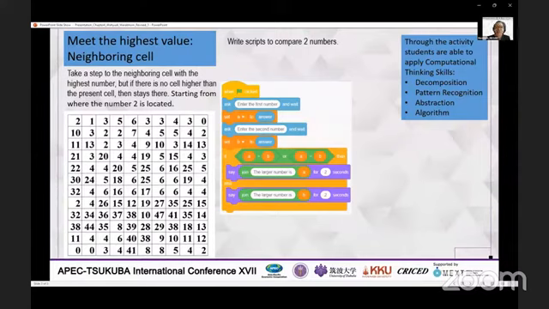In the previous activity, we talked about the conditional commands, if, then, and else, to find the larger number between 2 numbers. From this pattern, they are able to do a 3-number comparison.